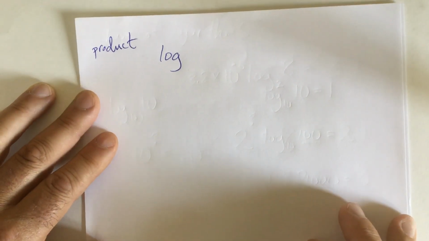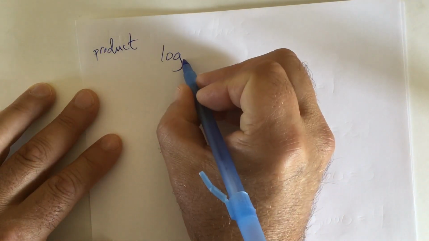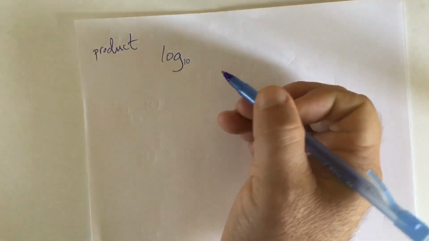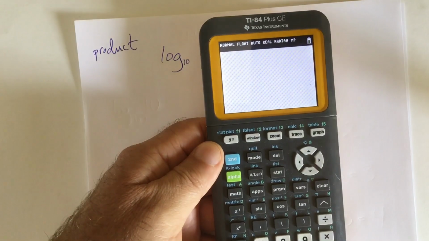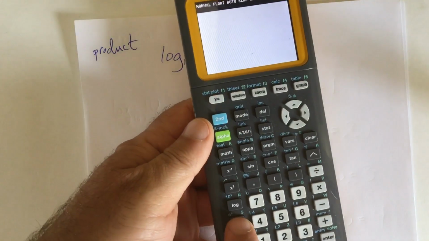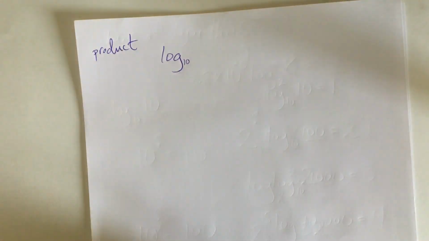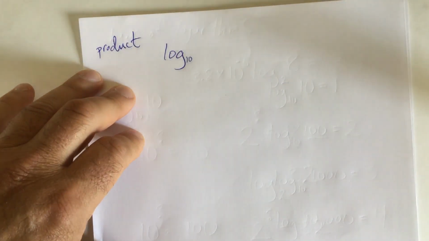But just so I can show you quickly, everything's going to be base 10, which means I will not be writing in a little 10 there. If it's base 10, my calculator already knows it, and it just calls it log. Okay? So I'm not going to be writing the 10 in next time.